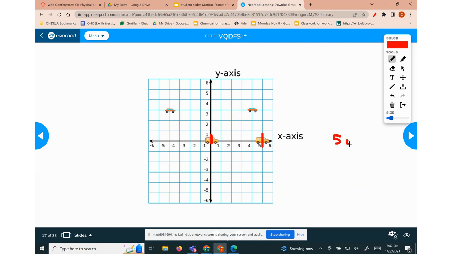And I'm not sure what those boxes represent. They could represent miles, or they could represent meters. And when we're talking about distance, we're always talking about a positive direction. So this is going from -4 to +4. So there are 4 units here and 4 units here. So it went a distance of 8 units.